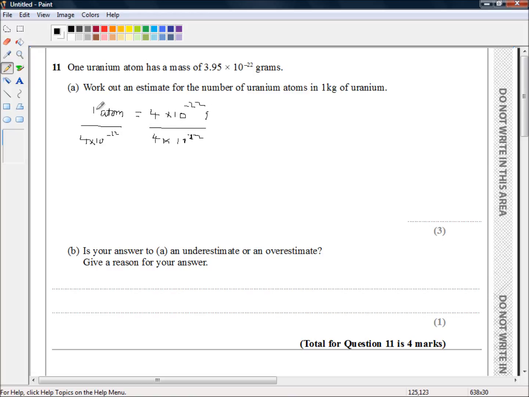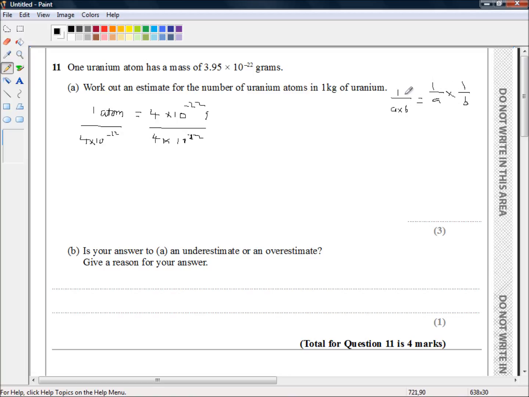But how do we take 1 over 4 times 10 to the negative 22? Well, 1 over A times B, this is not something you would write in your exam, by the way, but 1 over A times B is equal to 1 over A times 1 over B. And if we remember, when we're multiplying fractions, we just multiply the numerator and the denominator.